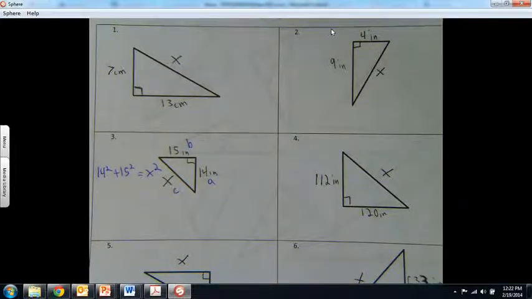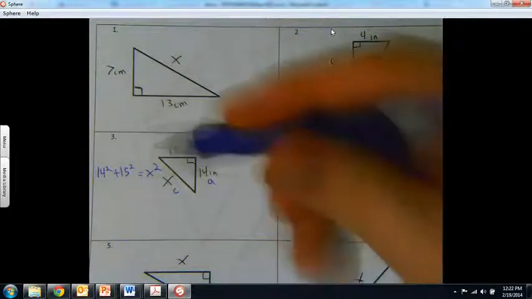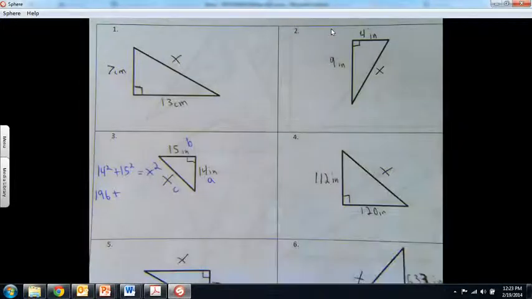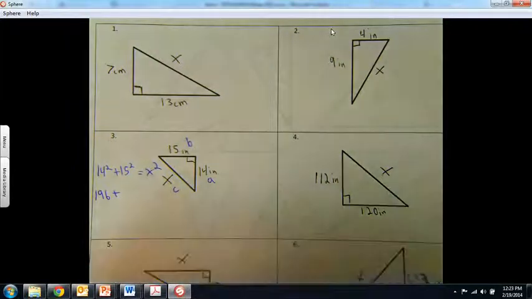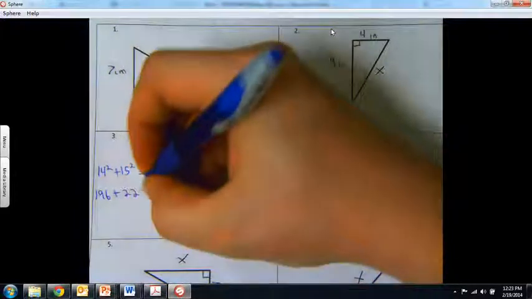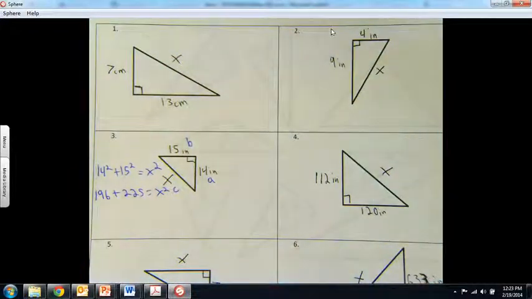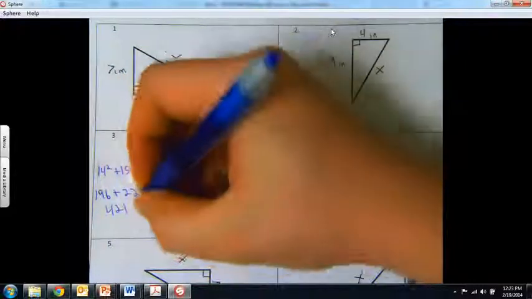So I'm going to take 14 times itself, and I get 196. I'm going to take 15 times itself, and I get 225. That equals x squared. I add those two numbers, and I get 421 equals x squared.